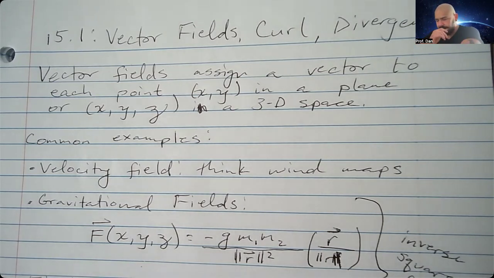So vector fields are going to look a lot like vector valued functions that we talked about way back in chapter 11. The difference here is that when we did vector valued functions in chapter 11, all of our variables were parameterized.